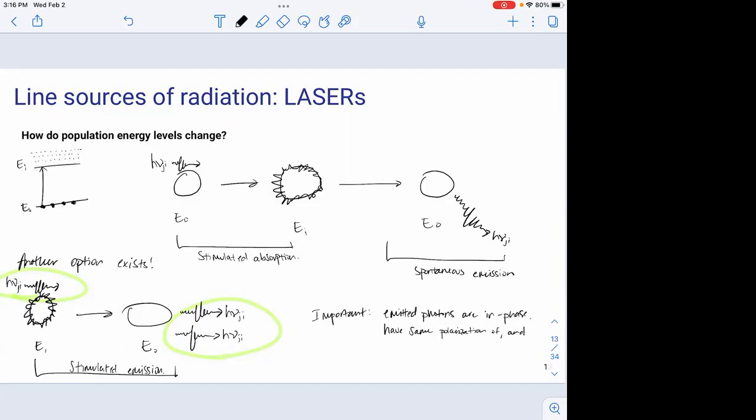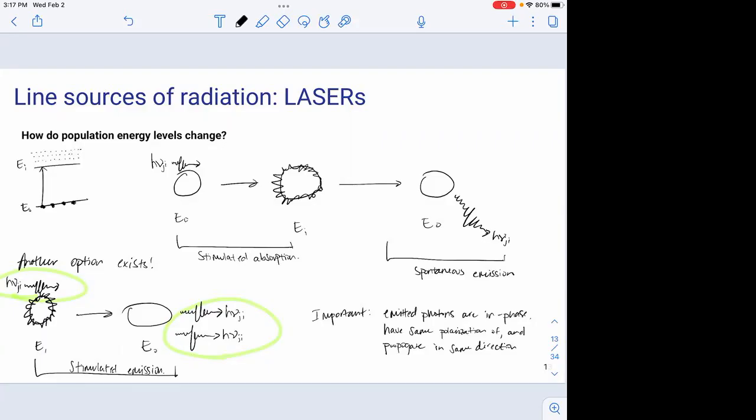And they propagate in the same direction. So this is important because if you're trying to build a self-propagating beam, you want those photons to work together to build that self-propagating wave. So the bigger the wave, the more laser power you'll have.